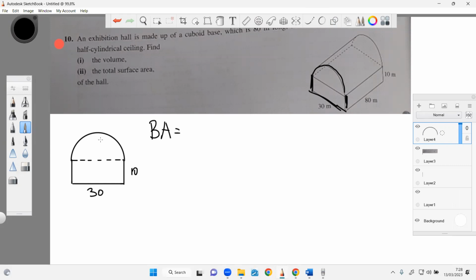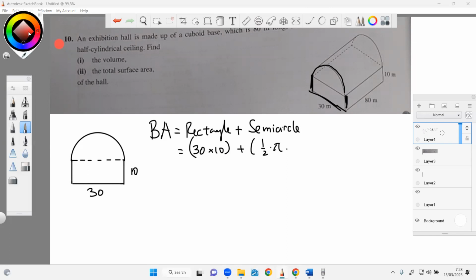What is the base area? We find the rectangle plus semicircle. Area of rectangle is length times width, which is 30 times 10, plus half of pi r square. What is the r? How come it is 15?